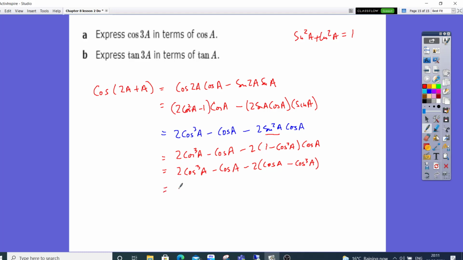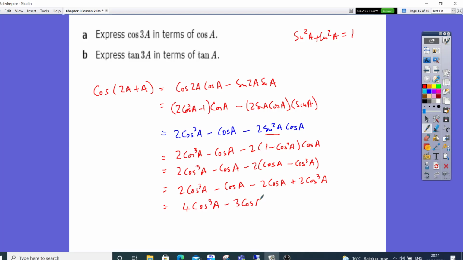So I'll end up with 2 cos cubed a minus cos a minus 2 cos a, minus minus makes plus 2 cos cubed a. And if I collect all those together, I end up with 4 cos cubed a minus 3 cos a. And that is it.